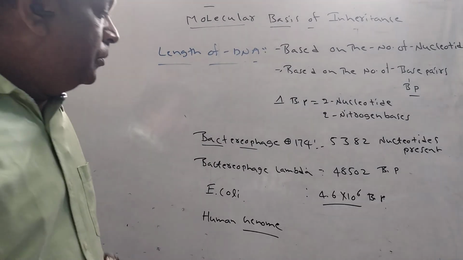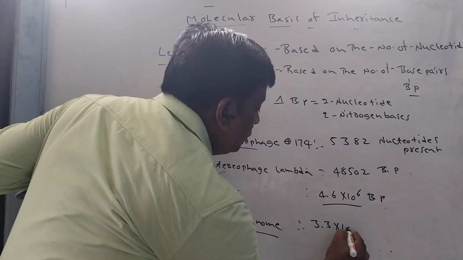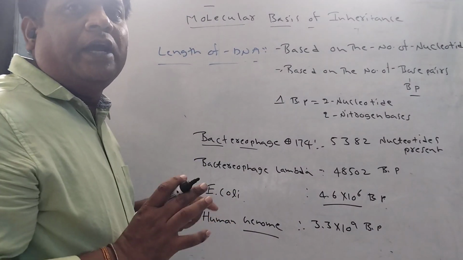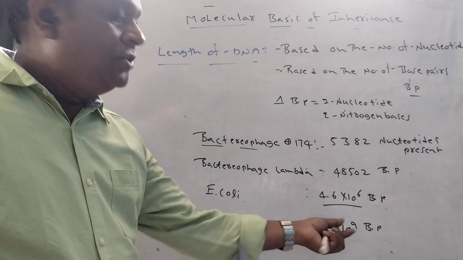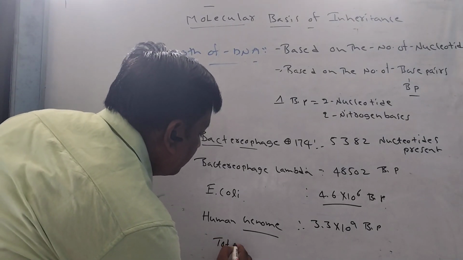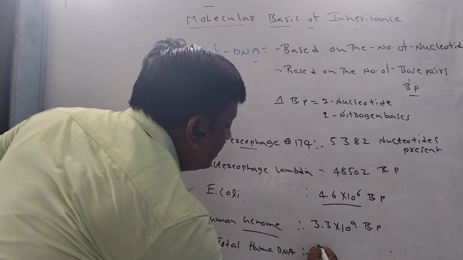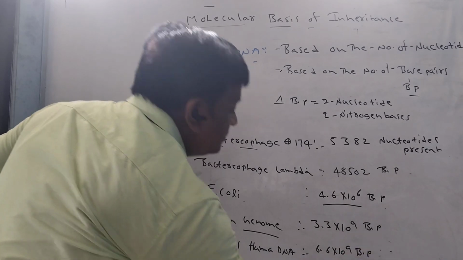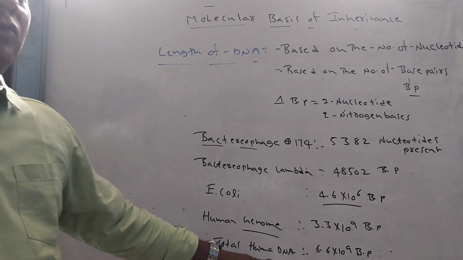The human genome is given as 3.3 × 10^9 base pairs, meaning one gamete has 3.3 × 10^9 base pairs. The total human DNA has 6.6 × 10^9 base pairs. This is the total human DNA base pairs.